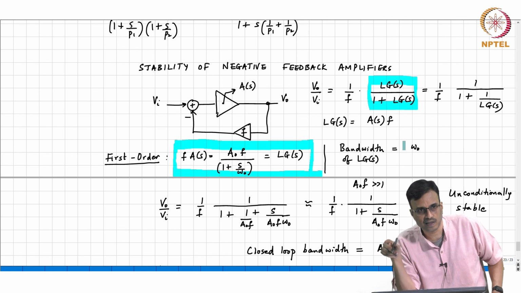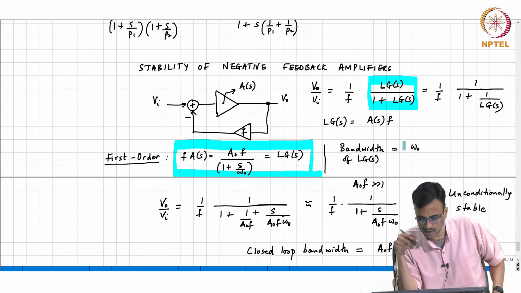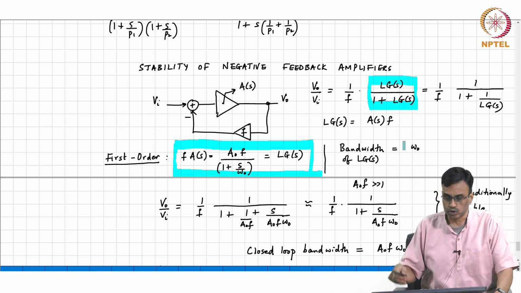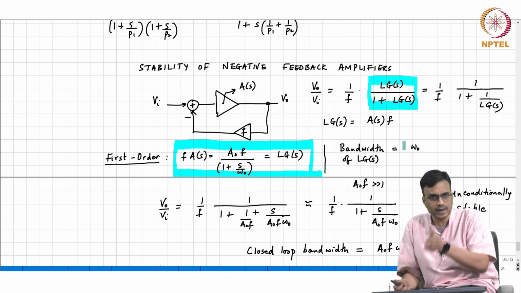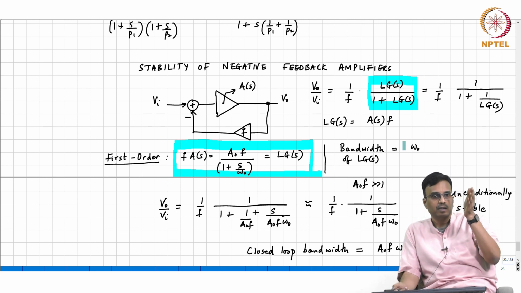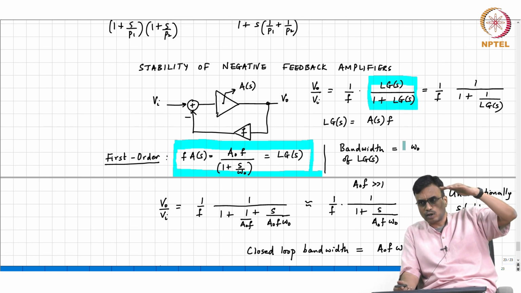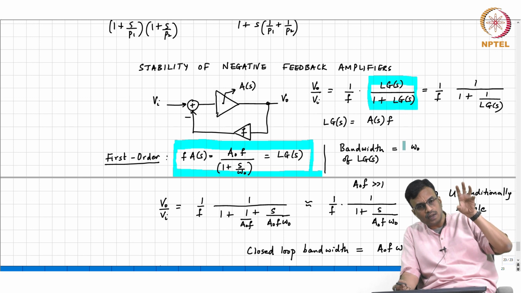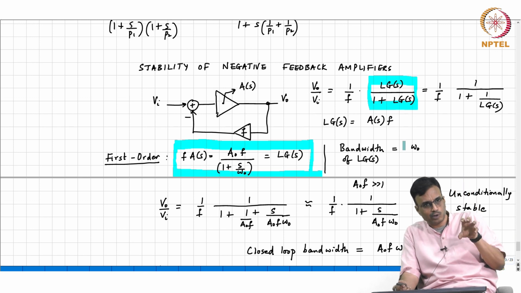Now since we have seen this argument, why is this happening? It is true that the magnitude of the loop gain is falling dramatically beyond the loop gain's bandwidth, which is omega naught. However, the magnitude of the loop gain we started off with was way larger than 1, and the closed loop gain depends on this quantity, loop gain by 1 plus loop gain.